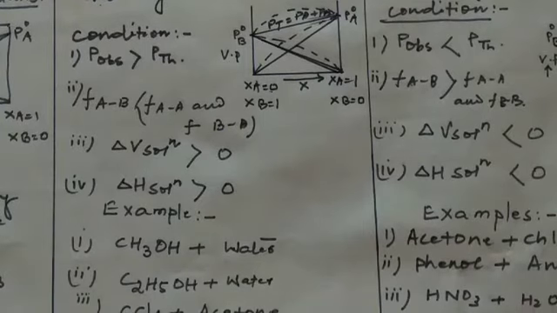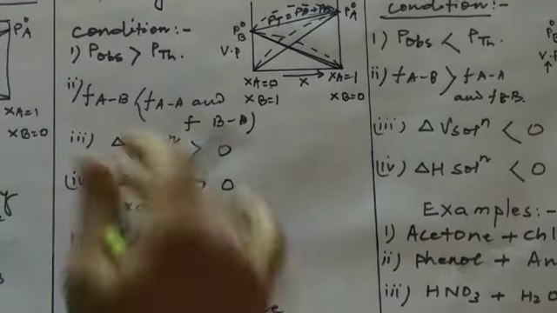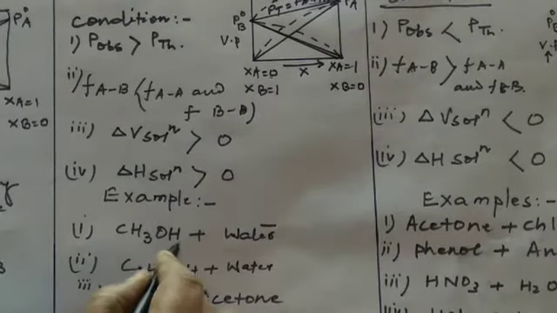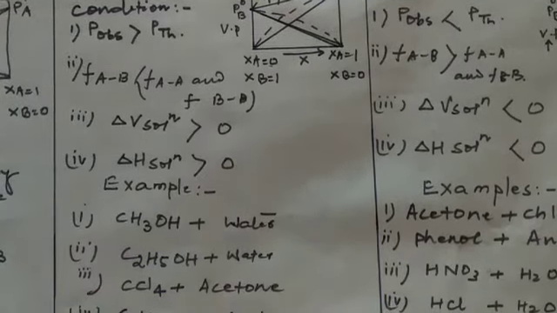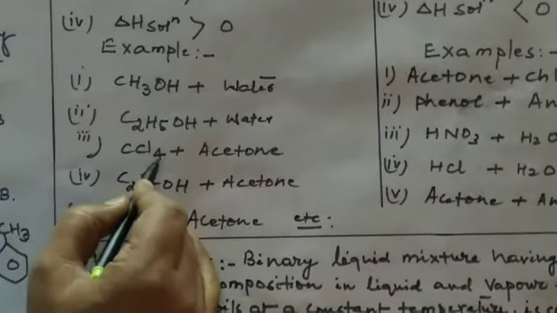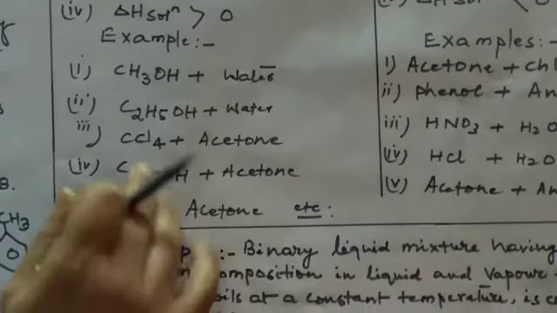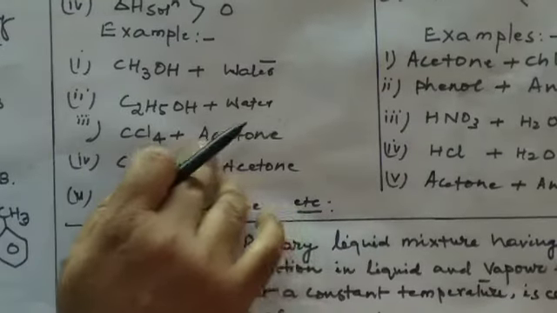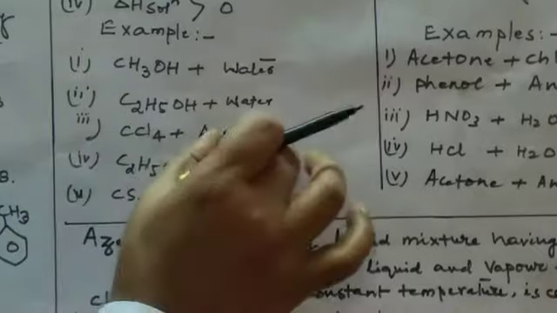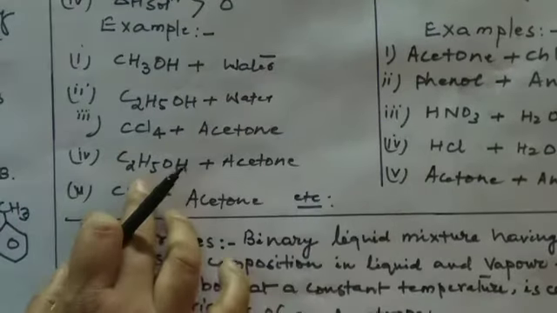What are the examples of non-ideal solutions showing positive deviation? Alcohol, methanol plus water, ethanol plus water, carbon tetrachloride plus acetone. They repel. In acetone, we have dipole-dipole interaction. When this molecule comes, that interaction gets lower.